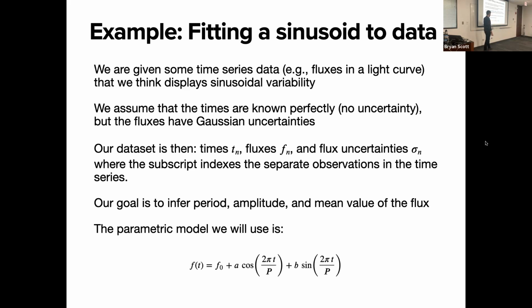This is what I would call a sinusoid, which you can either write as mean flux plus amplitude times cosine of this plus phase, or you can do it in terms of an amplitude of the cosine and the sine terms independently, and then get rid of the phase. Everyone happy with that?